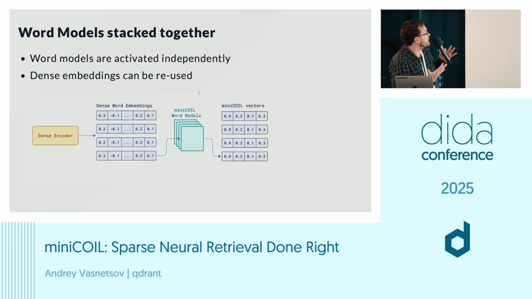And once we train this model for each word, we can stack them together and make inference for the whole vocabulary. I guess the important part here is that we do inference in a way that we only activate those layers which are actually responsible for a specific word.